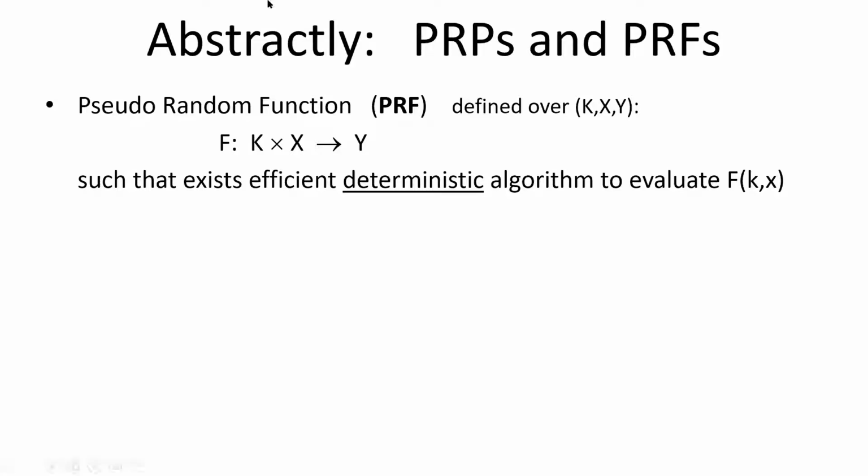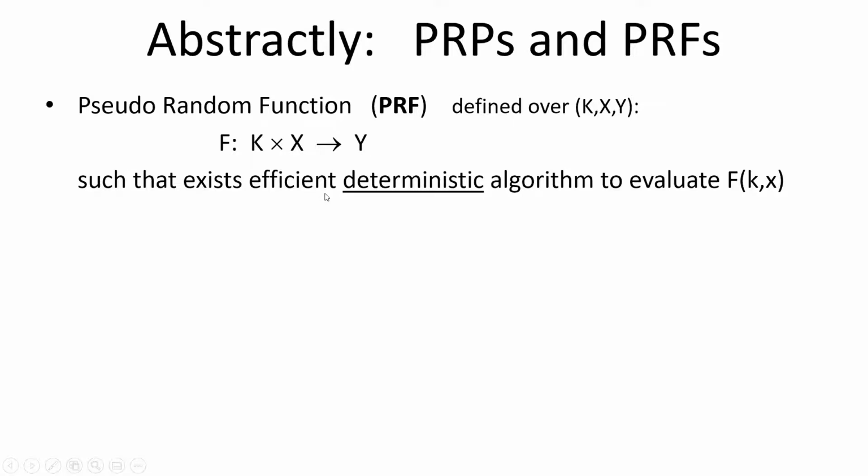Pseudorandom function takes three spaces: key space, argument space, and value space. And the function is a function that takes two arguments: a key from the key space, a value argument from the argument space, and returns a value from this range.